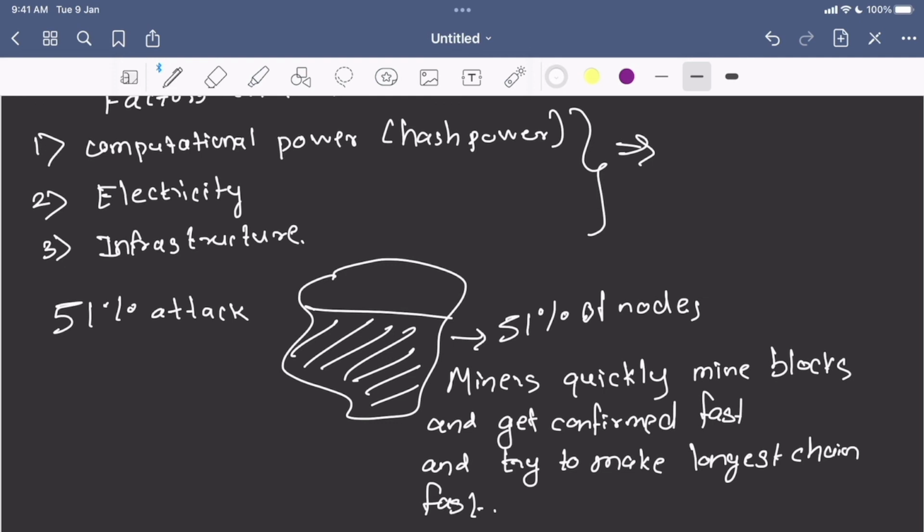But why is it an attack? What will they be doing exactly? So let's say there is a block. In this block, let's say someone from the 51% nodes made a transaction, they spent some 2000 Bitcoin. Let's say this is block 110, so this is block 109.